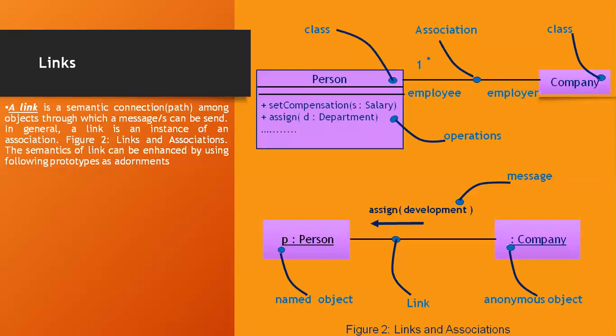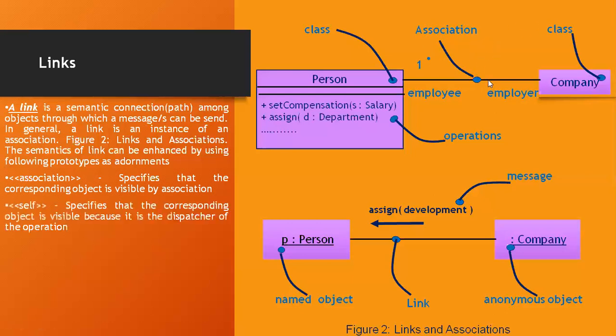If you need to be more precise about how that path exists, then we can add the appropriate constraints on the end. The first one is association, which specifies that the corresponding object is visible by association. The second one is self, which specifies that the corresponding object is visible because it is a dispatcher of the operation. The third one is global, which specifies that the corresponding object is visible because it is in an enclosing scope.